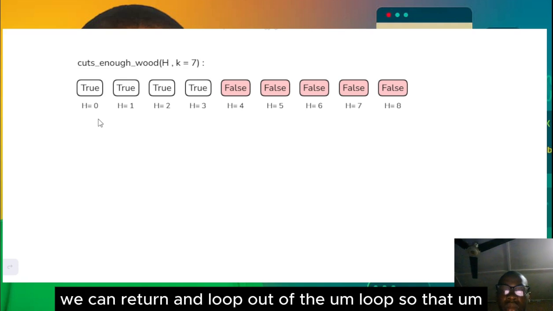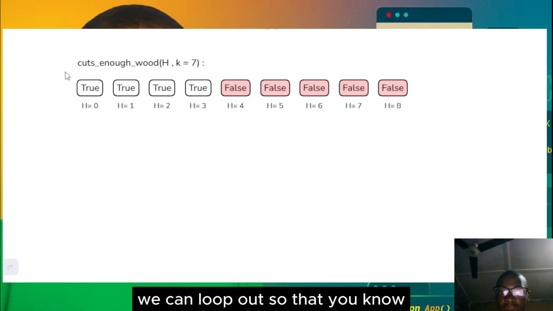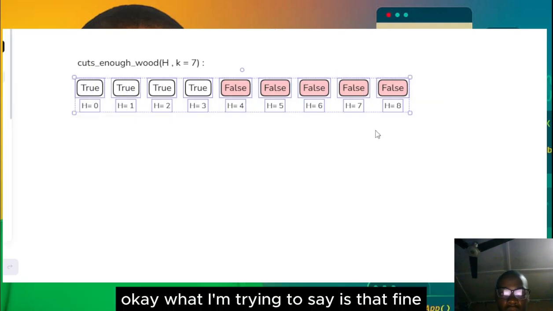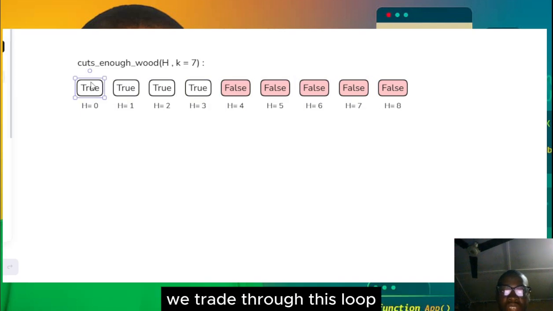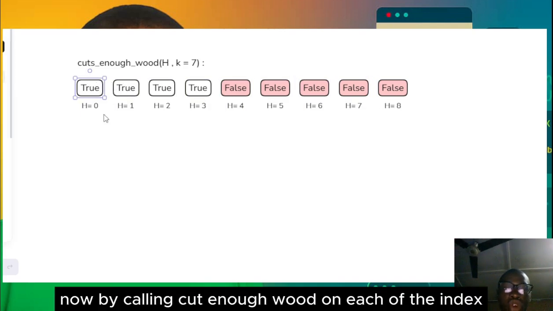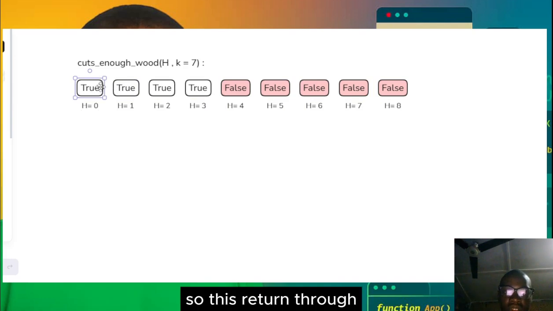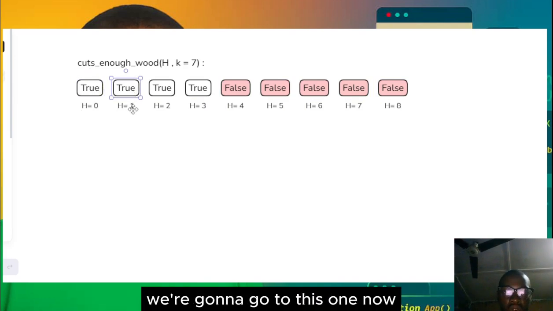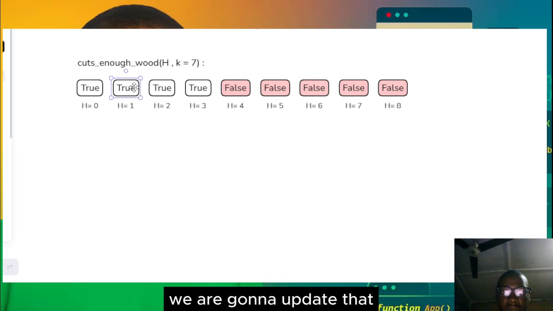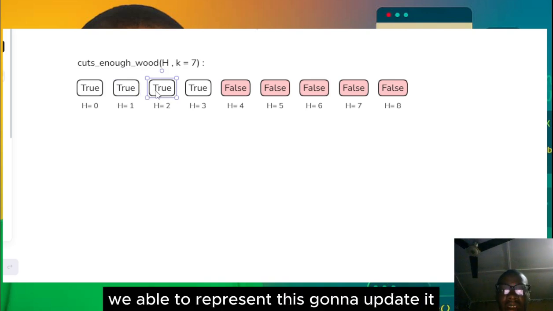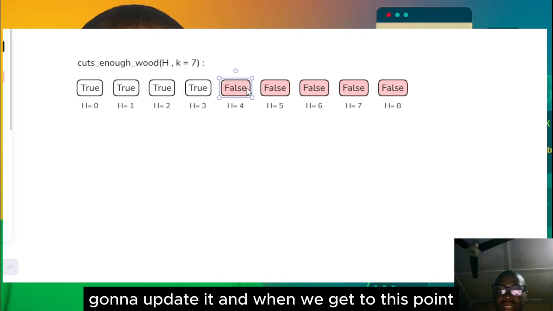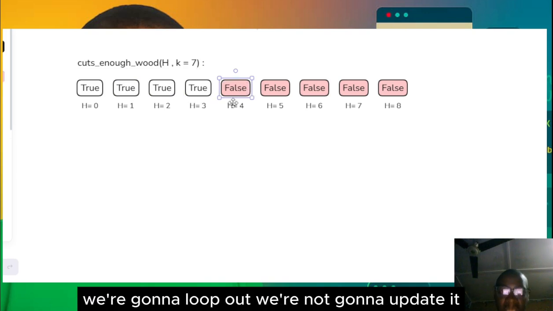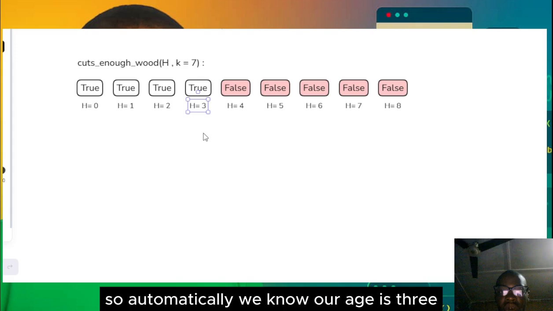What I'm trying to say is that we iterate through this loop by calling cut enough wood on each index. This one returns true, so we save a variable to represent 0. We go to this one now and update that variable to represent this, and when we get to this point, we loop out. We are not going to update it, we loop out, so automatically we know our h is 3.